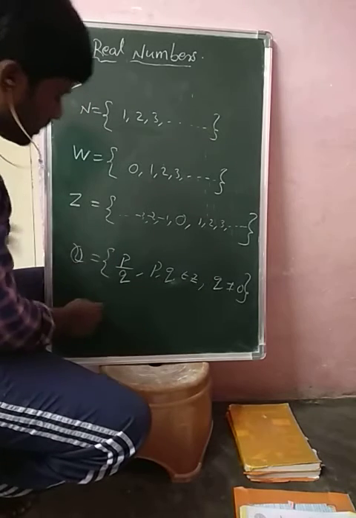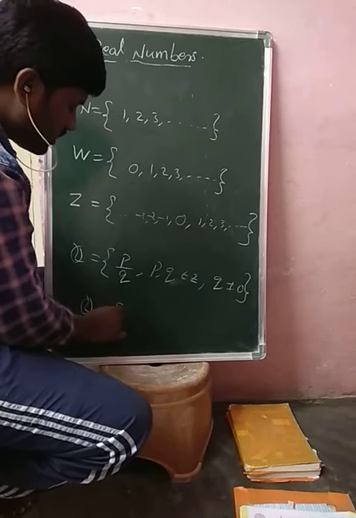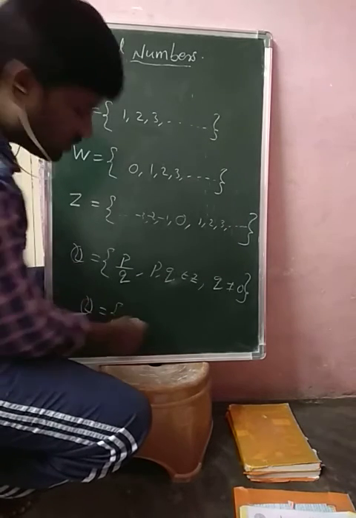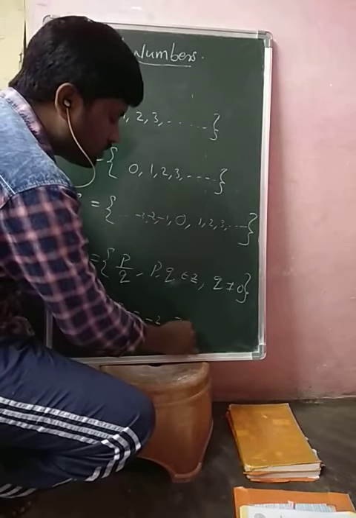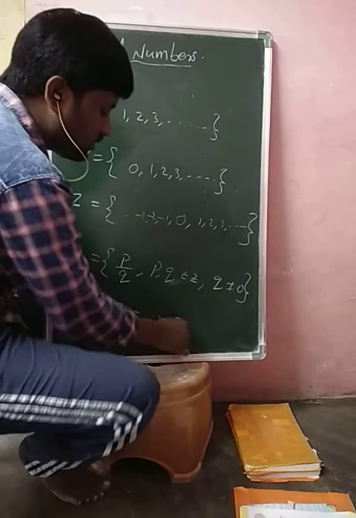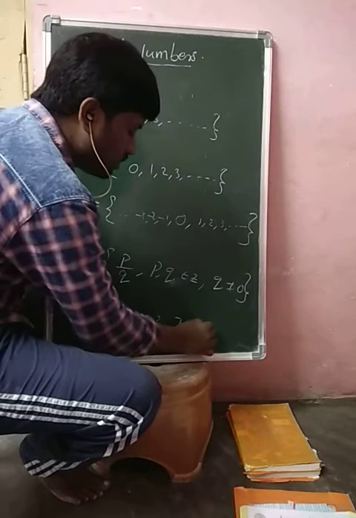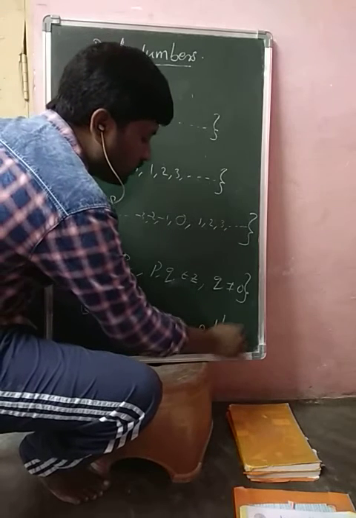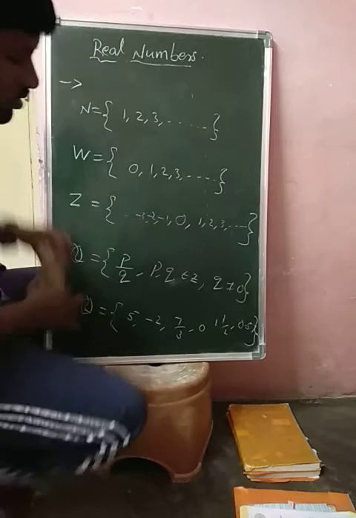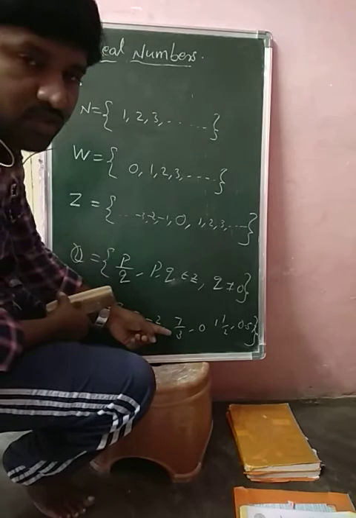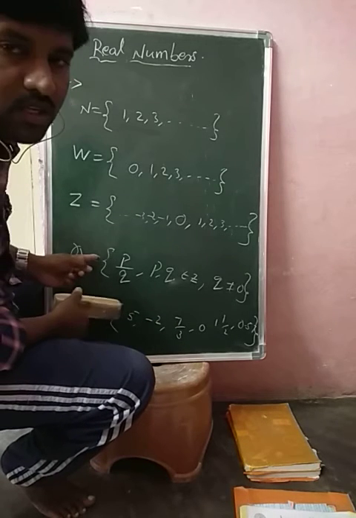Then what are the examples? The set of rational numbers we can write like this: 5, minus 2, 7, 7 by 3, 0, 1 by 2, 0.57, etc. So these are all examples of rational numbers.